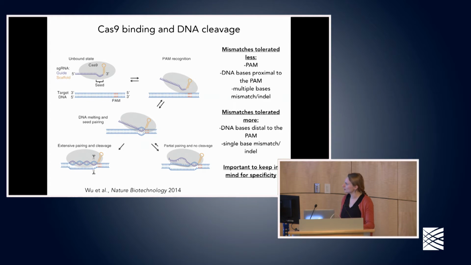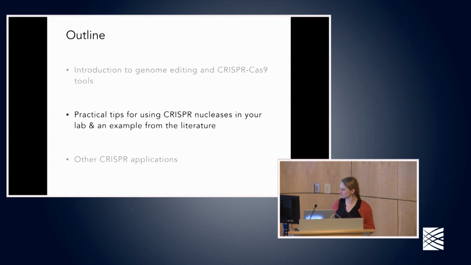However, if there are mismatches towards the distal end from the PAM, these are more likely to be tolerated and could still result in cleavage. And then lastly, if there's a single base mismatch or indel, this could also possibly result in cleavage. So any questions before I move on?